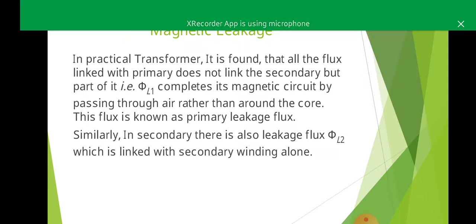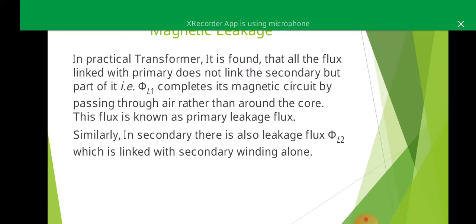Due to the secondary current, it sets up its own MMF equal to the number of turns on the secondary side N2 and the current I2. That flux on the secondary side is opposite to the main primary flux, which is due to I naught.